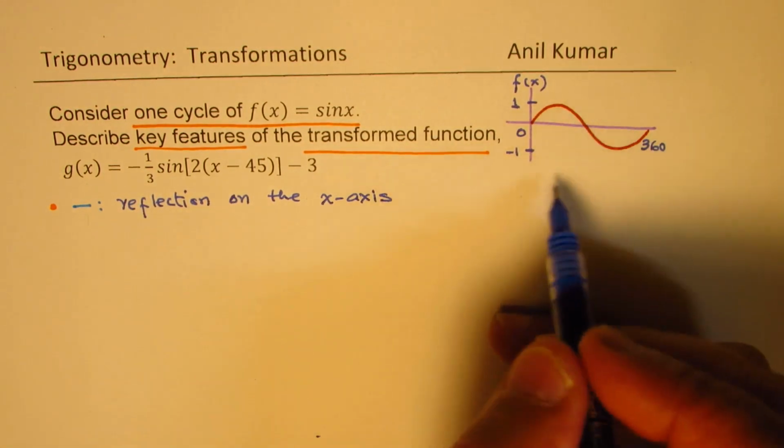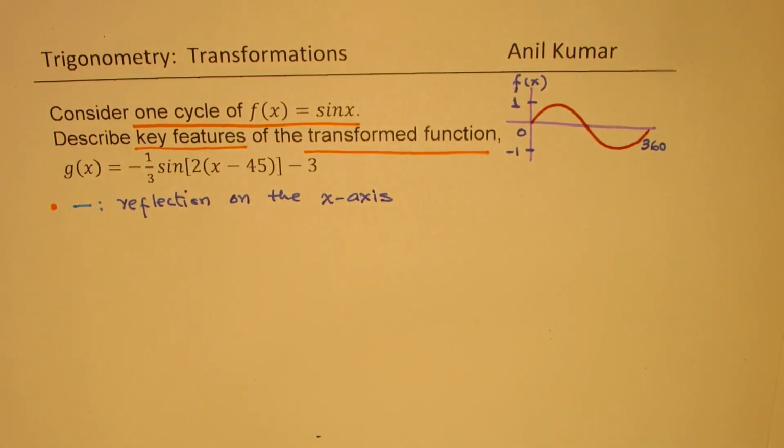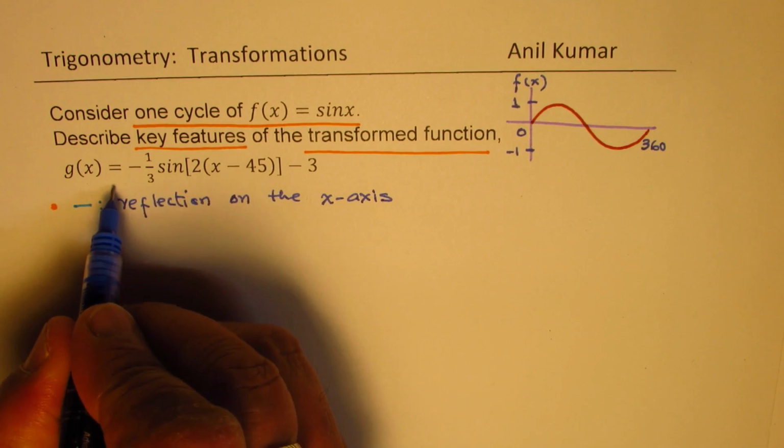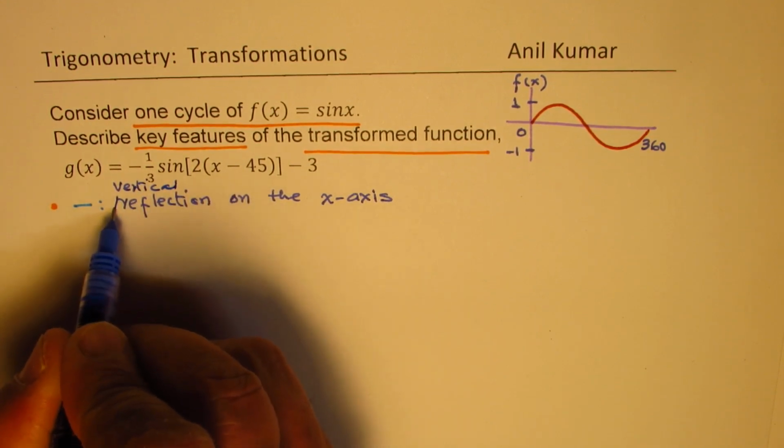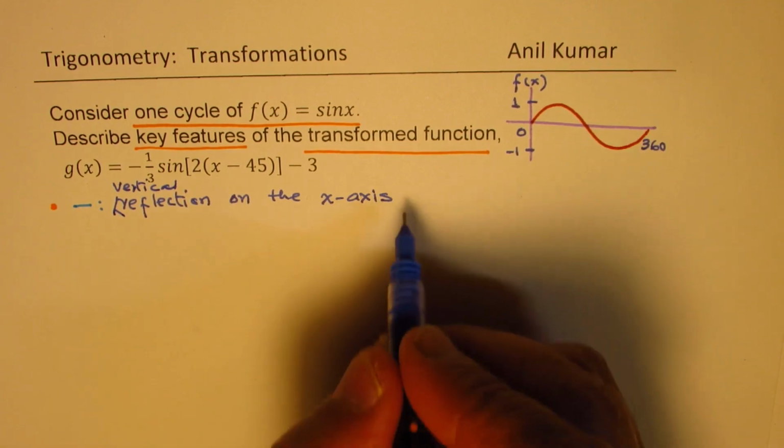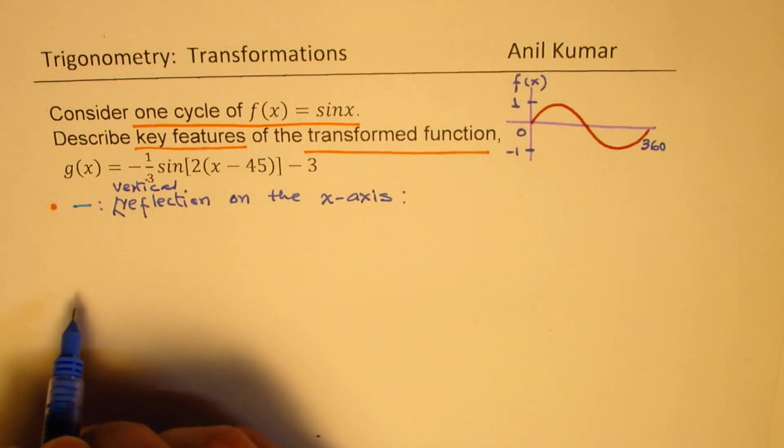So it is a vertical reflection, right? You can also qualify this by saying vertical reflection. Reflection on x-axis, right? That is how you'll describe this.